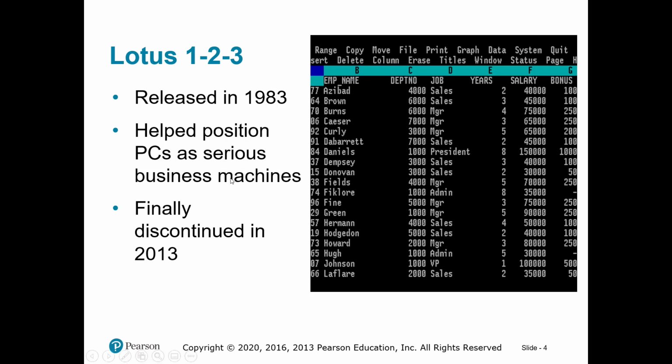This was the time when the IBM PC was becoming the computer of choice for businesses. There was a lot of chaos in the 1980s with lots of different computers, and this really positioned PCs as serious business machines. It had additional features that VisiCalc didn't have. It lasted a while, but finally got killed off by Excel in around 2013.